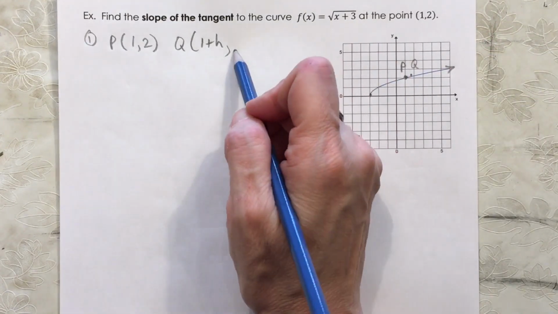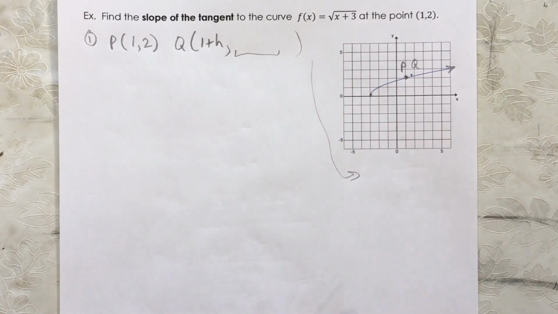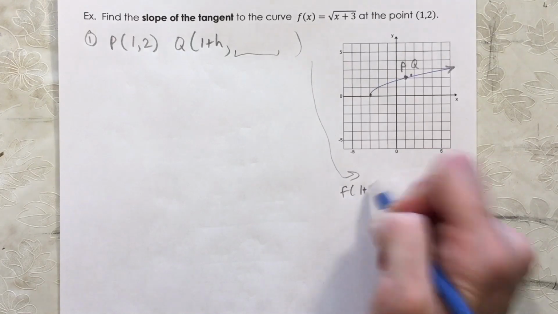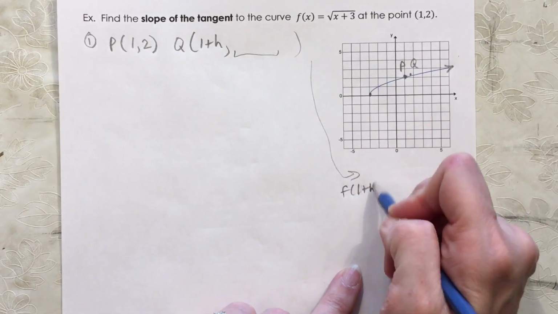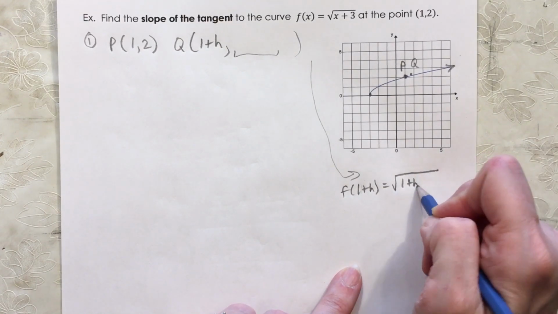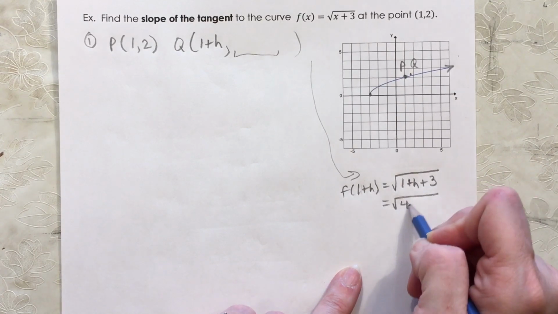And then again, we have to use function notation to figure out what our corresponding y value is going to be. So f at 1 plus h is going to be the square root of 1 plus h plus 3, which is the square root of 4 plus h.